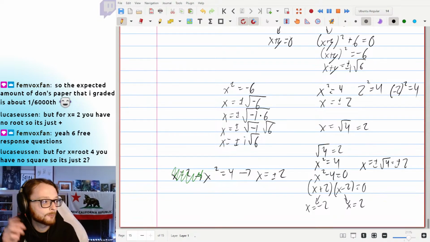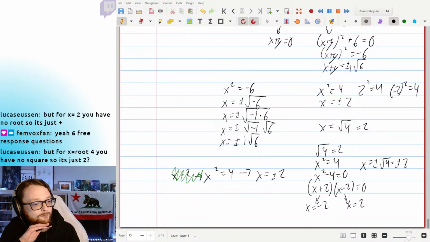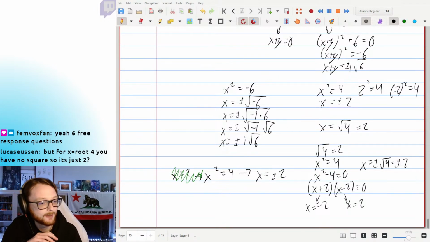It's the act of square rooting each side that causes this weird plus or minus thing. Squaring each side is fine. X equals root 4, exactly, yeah.